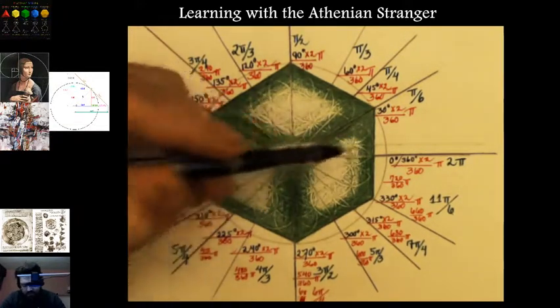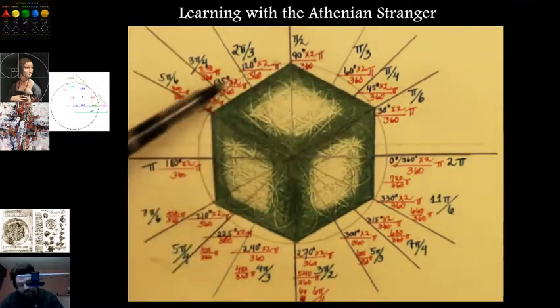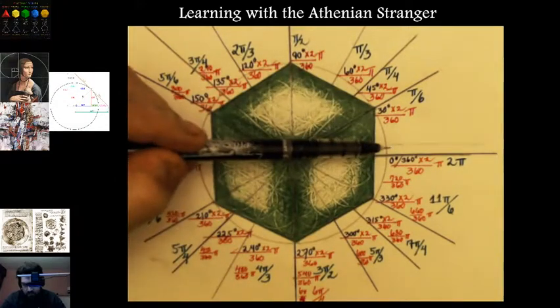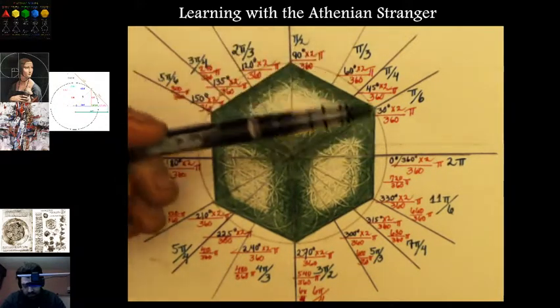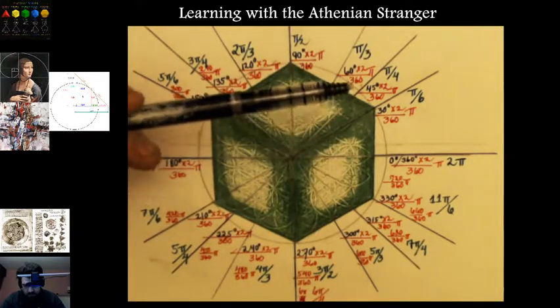And the way you find out what portion of the circumference of the circle is represented by 1 degree is you say, well, 1 degree over 360.